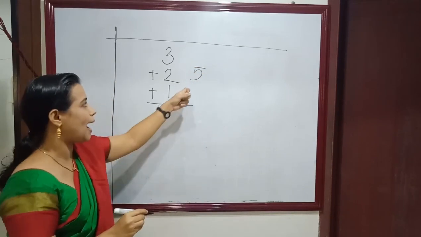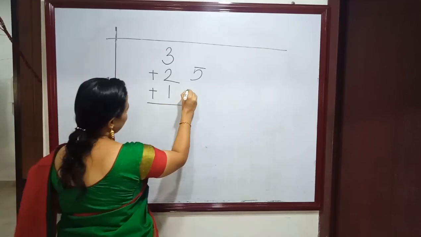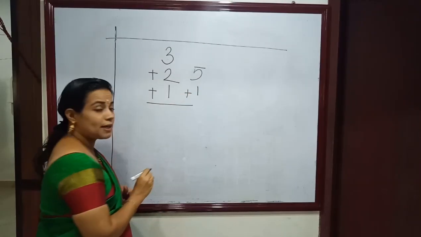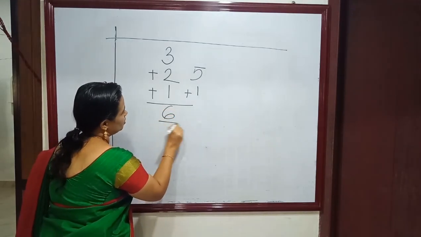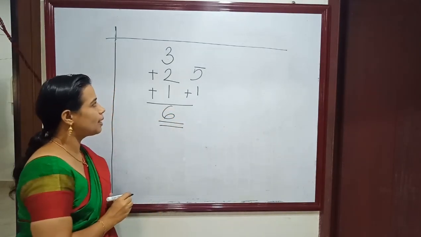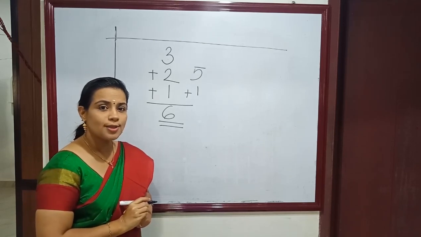Then we have to add 5 and 1. 5 plus 1 is equal to 6. So, 3 plus 2 plus 1 is equal to 6.